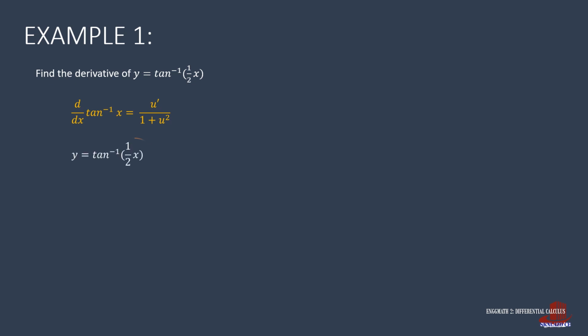So, if we take this as u, we can solve for u prime as 1/2 times the derivative of x with respect to x, which is taken as 1. So u prime is simply 1/2. U squared, on the other hand, is the square of 1/2 x, which is x squared upon 4.